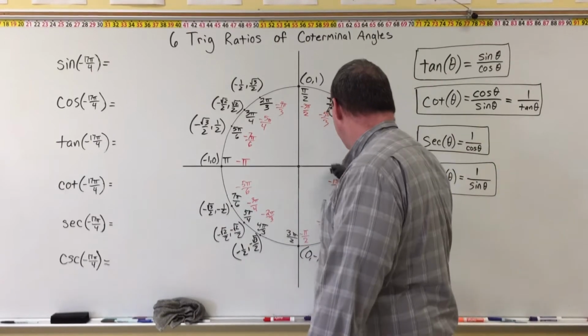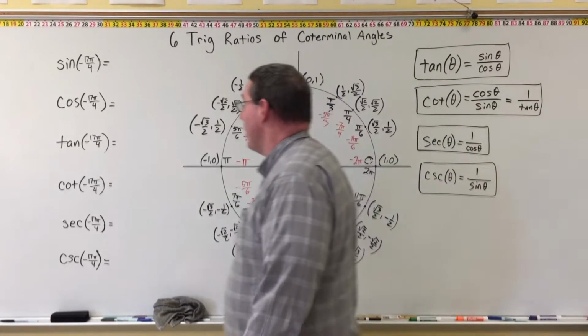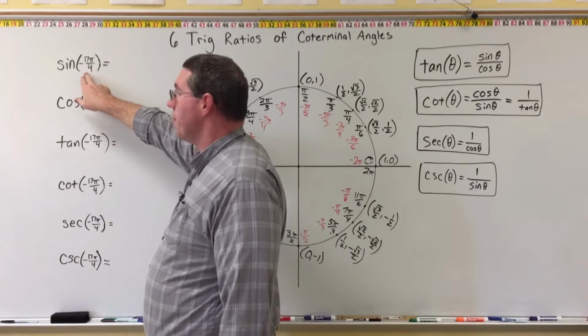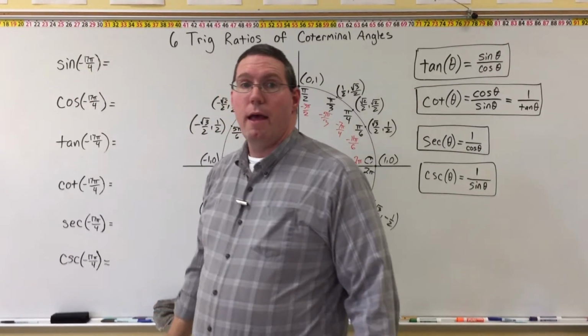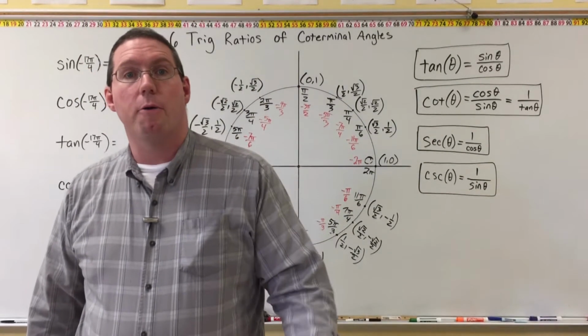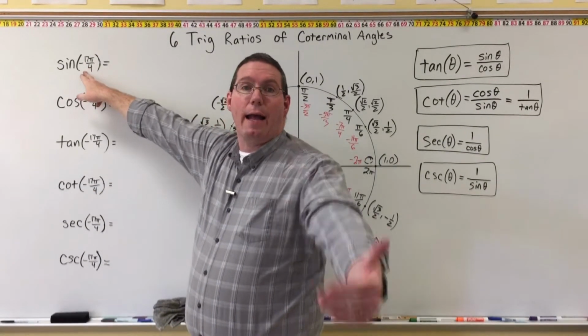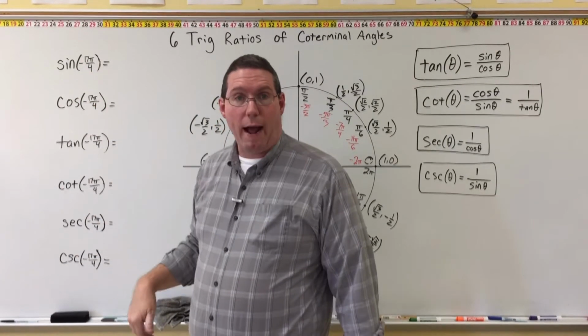Okay? But in my opinion, the best way to answer your sine, cosine, tangent of coterminal angles is to simply take the theta angle there and either add 2 pi or subtract 2 pi. If you're looking at a negative theta angle, you're going to add 2 pi. If you have a positive theta angle, you're going to subtract 2 pi.